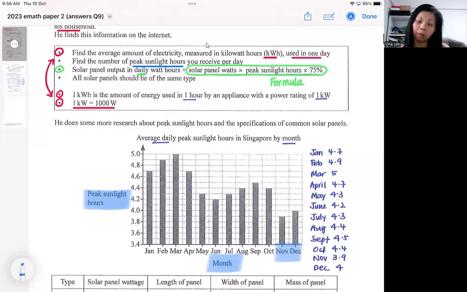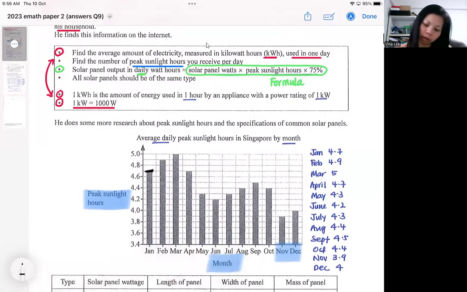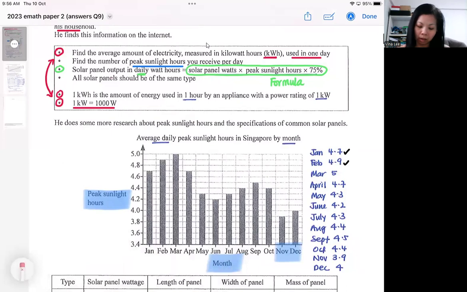This is the average daily by month. So it's quite possible to read off. This one is 4.7, this one is 4.9. You can actually list it out. It's quite easy to read. We will see how we're going to be using this later on.